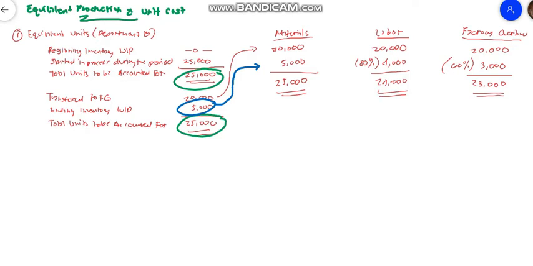Now, when I ask for the total units to be accounted for, you give me this one. Okay? When I ask for each cost element, then you give me this one. Okay? So, that is how you compute for your equivalent production.